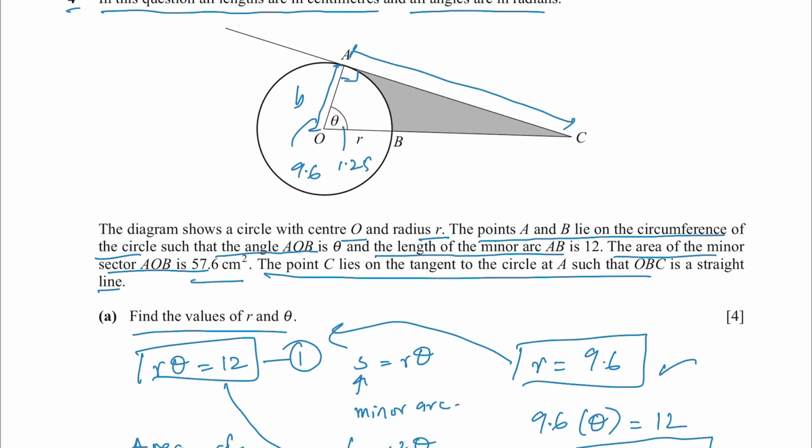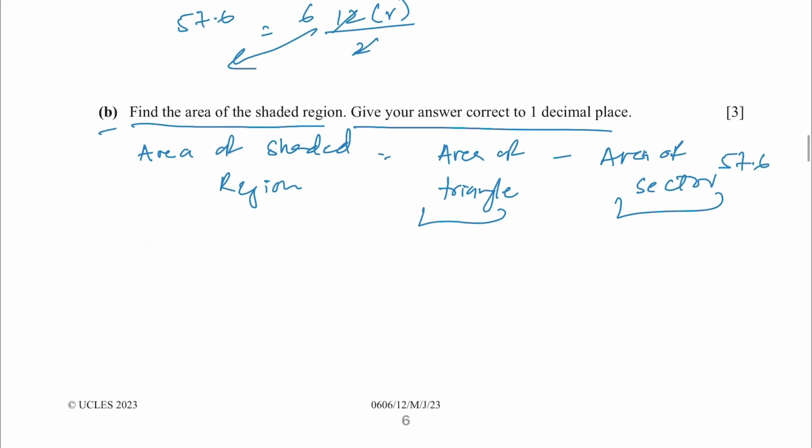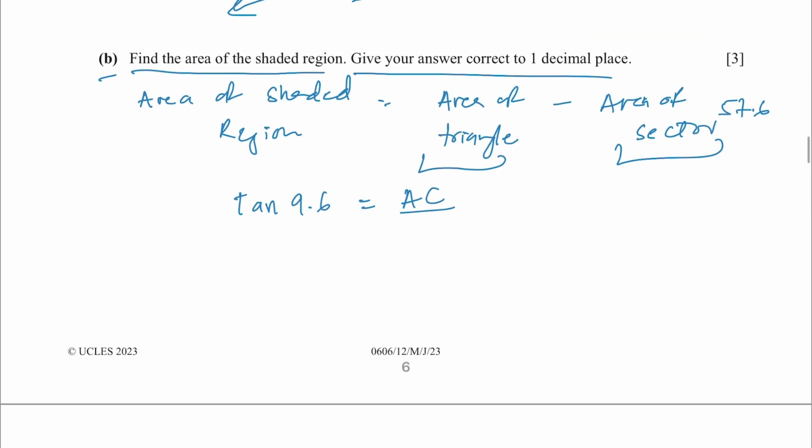What we can do is apply some trigonometric rules. This is basically the opposite and this is basically the base. So opposite over base was tan. Tan 1.25 equals AC, the opposite side, over the base, which is 9.6. So we will have our AC as 28.89. Now plugging in, this would be 1/2.